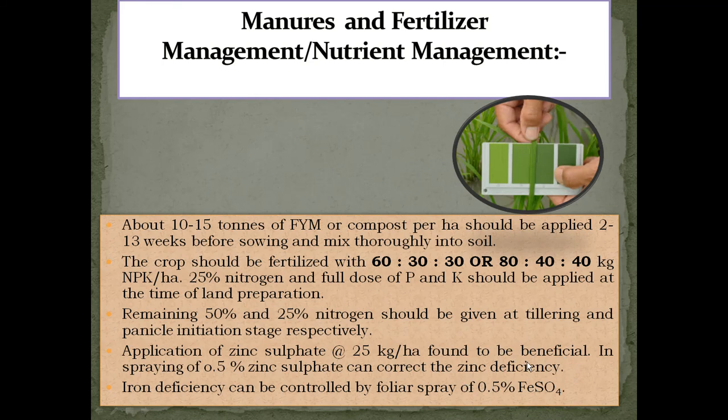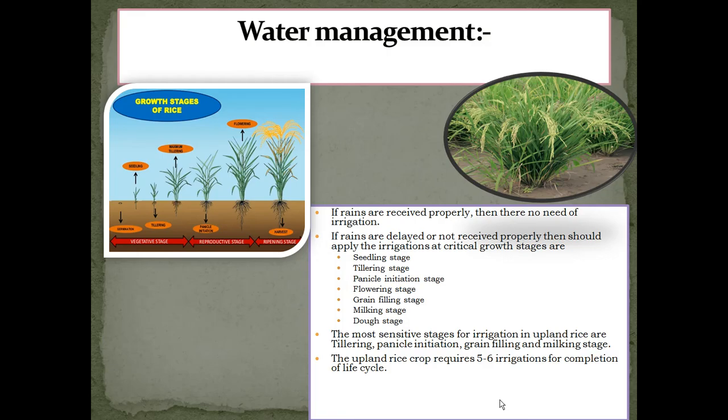Then iron deficiency can also be found in rice. For that, you can control it with the help of foliar sprays of iron sulfate at the rate of 0.5%. This is the detail about the nutrient management, or the manures and fertilizer requirement, for the upland or direct seeded rice.